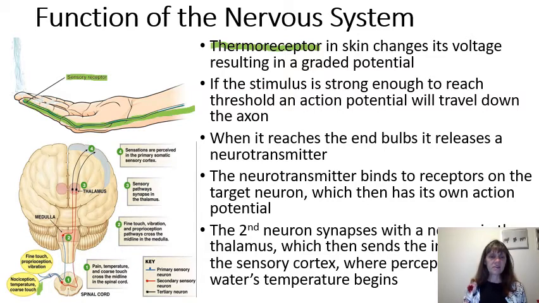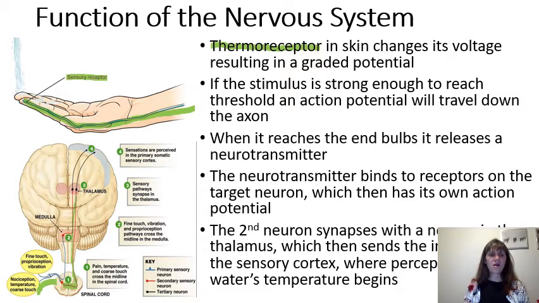The axon of this neuron will travel to the spinal cord, where it will synapse with another neuron in the posterior horn of the gray matter of the spinal cord. The axon of this neuron is going to ascend because sensory information is ascending and afferent.